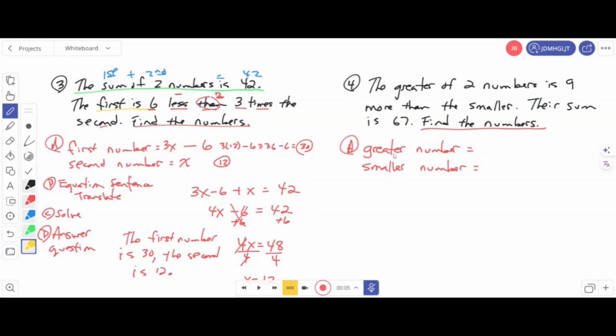I would like to have a sentence that says the greater number is, or a sentence that says the smaller number is.